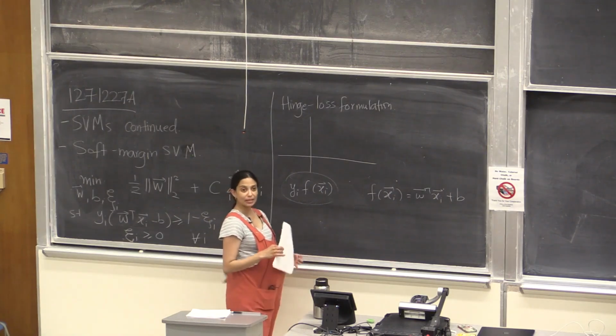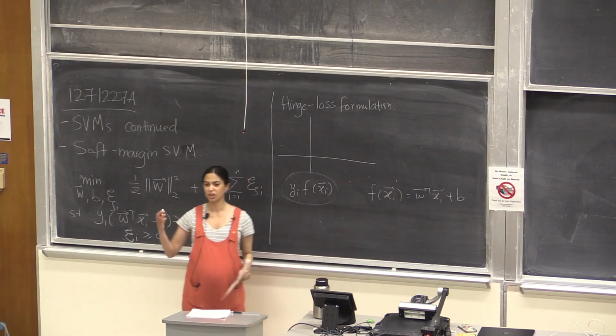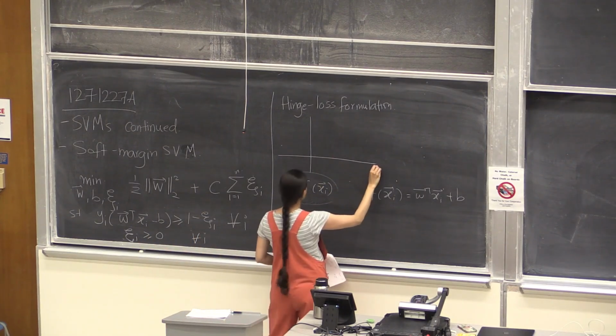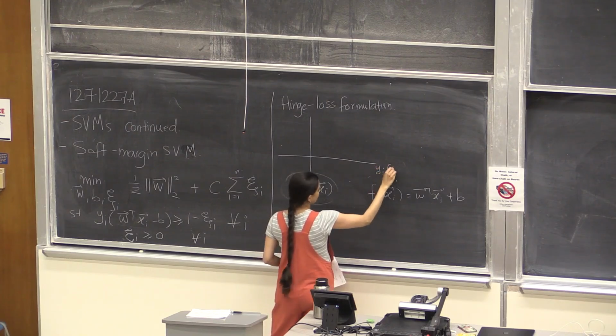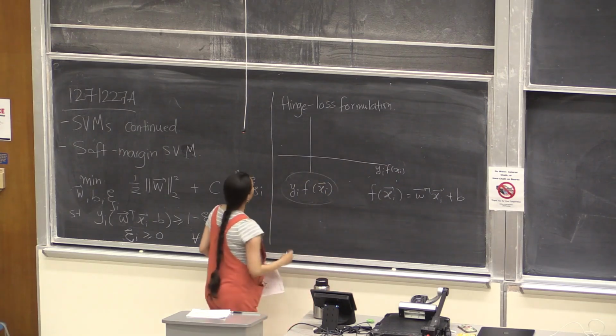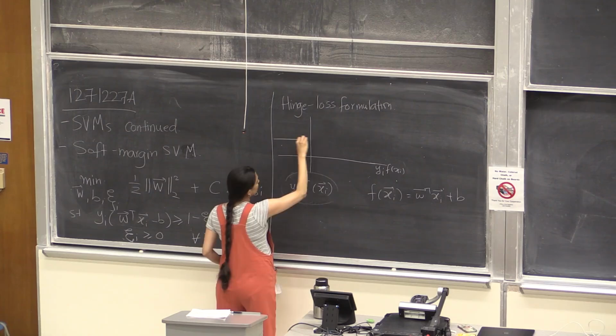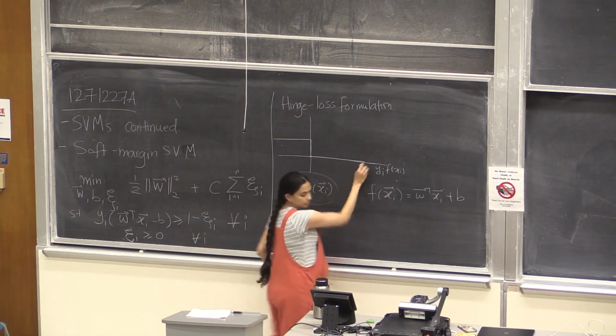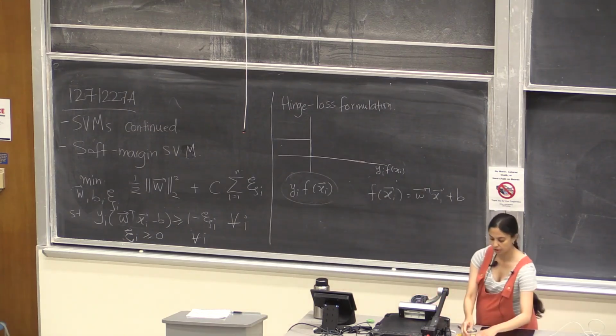And so we have basically what we can consider a standard 0-1 loss, which says that if I have this axis yi f xi, this is my x-axis here, then I can consider the following loss function. Maybe I'll use color here.